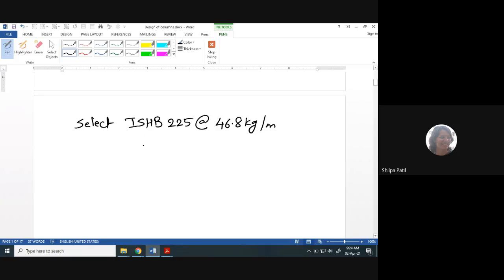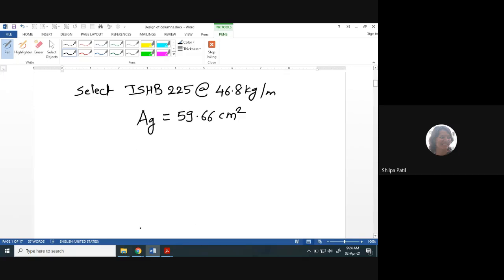So what is the gross area? Just tell me the gross area of this section. 59.66 centimeters square. Then I will require some other properties also, because we want to find its class. For finding the section classification, I will require the width of the flange, the thickness of the flange, and the thickness of the web.